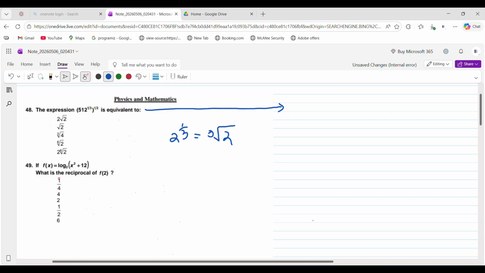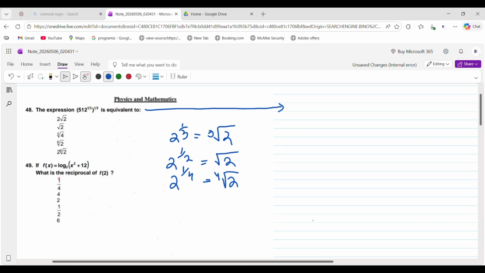Cube root means basically power 1 by 3, and square root basically means power 1 by 2, which can be written like this. And for instance, if I have power 1 by 4, it can be written as fourth root of 2. So these are basically very simple terms.